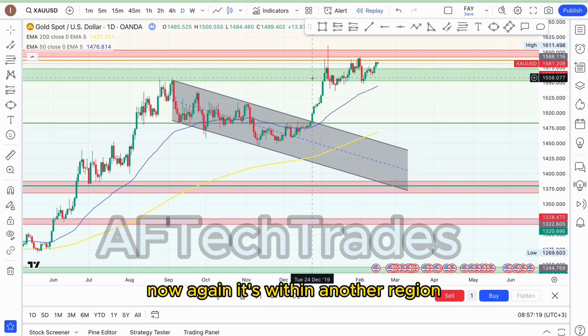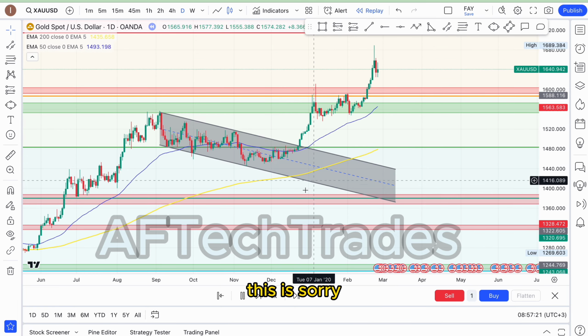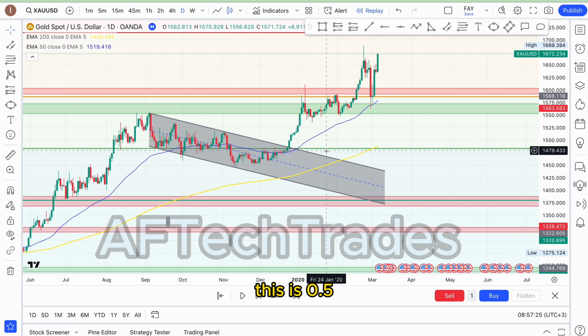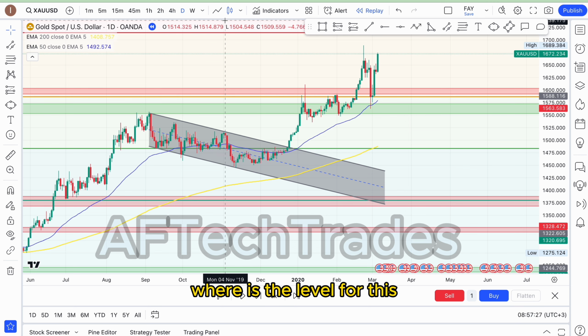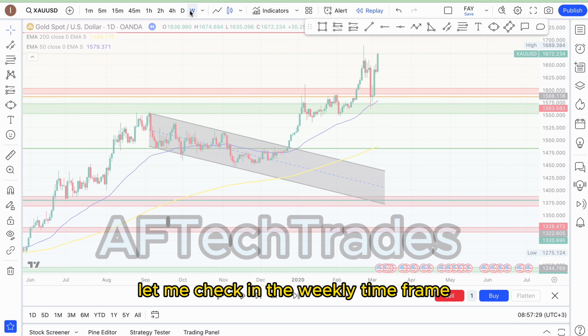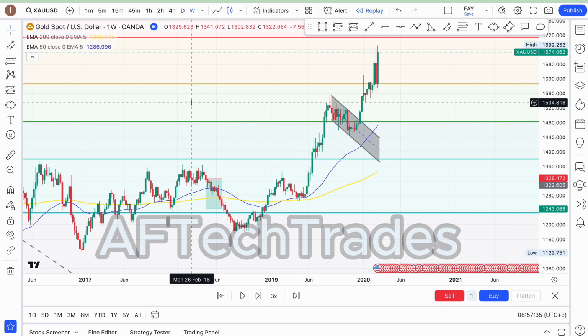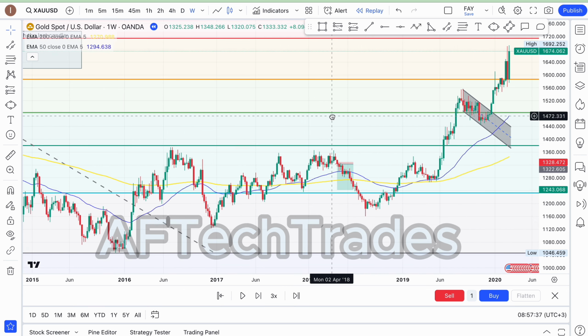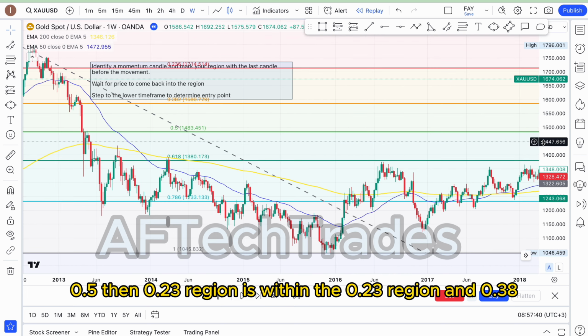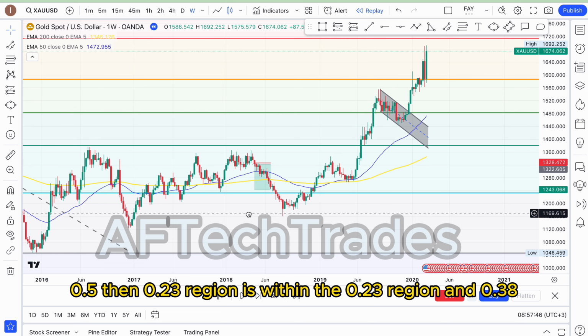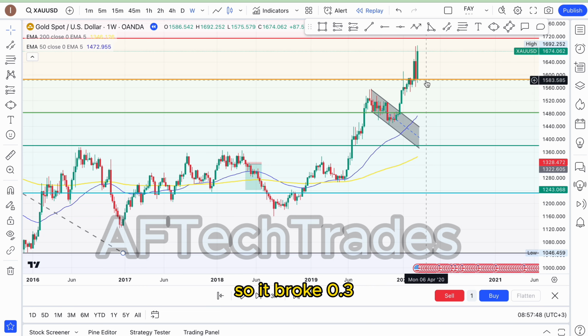Now again, it's within another region. Sorry, hold on, this is 0.5. Where is the label for this? Let me check in the weekly time frame. 0.5, where are you? Center? No, to the right. It's not 0.5, it's within the 0.23 region and 0.38. So it broke 0.38.